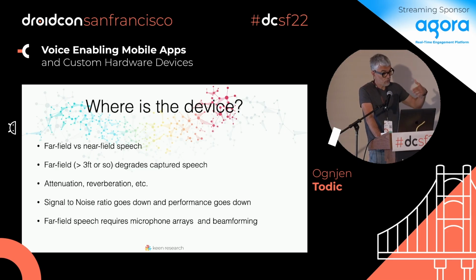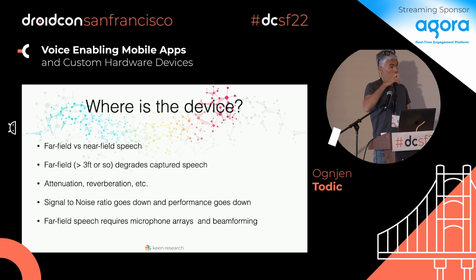And when the microphone is farther than a couple of feet away from the speaker, there's a lot of degradation that happens because of attenuation, because of reverberation, a lot of effects. If I'm talking and the speaker over there is where the mics are, it's going to be really hard for a speech recognition system to recognize that audio because it's going to be degraded significantly.